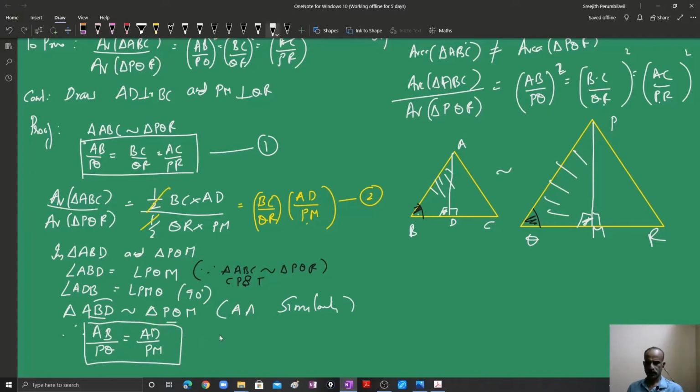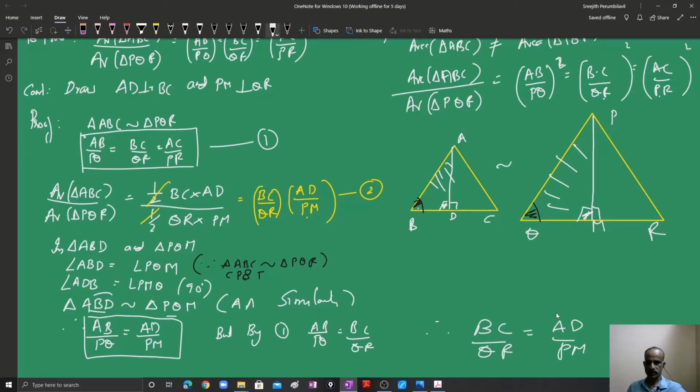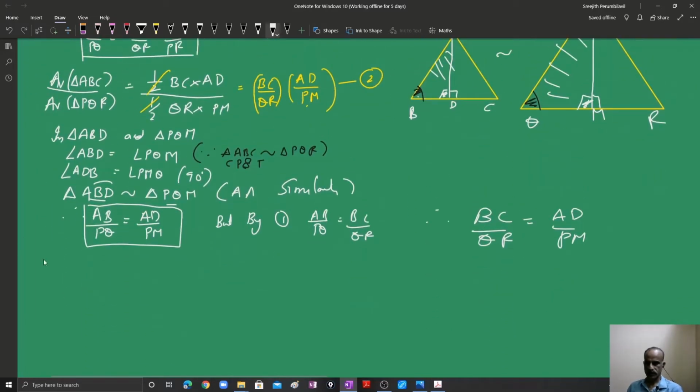But by relation 1, AB by PQ is same as BC by QR. Therefore, BC by QR is same as AB by PQ, which is same as AD by PM. Substituting in relation number 2.